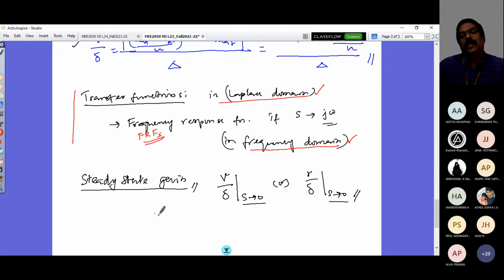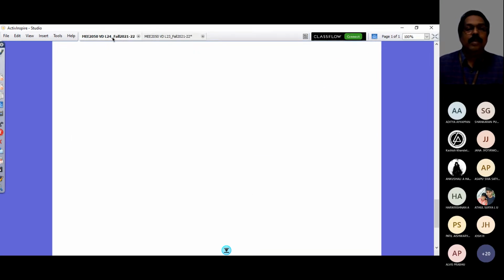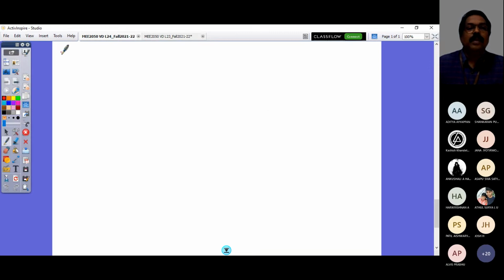As t tends to infinity in time domain, that is equivalent to s tends to 0 in Laplace domain. So when I make s tends to 0 in my transfer function, what I get is what is called the steady state gain. I'm going to get that steady state gain and then look at its physical insights to represent the vehicle handling characteristics.